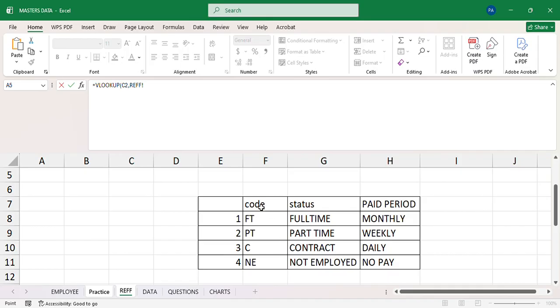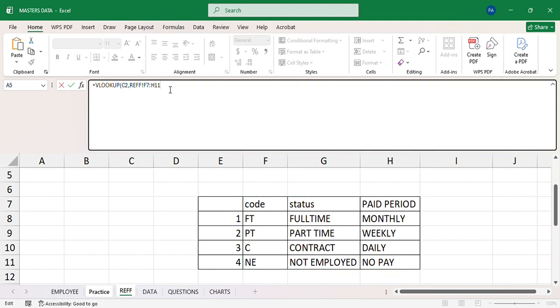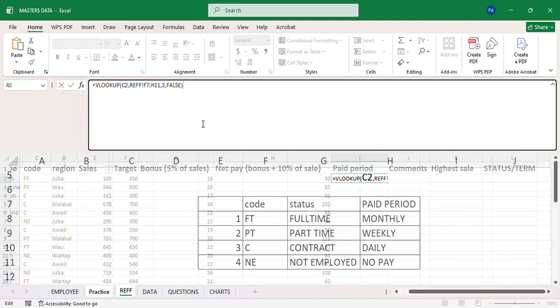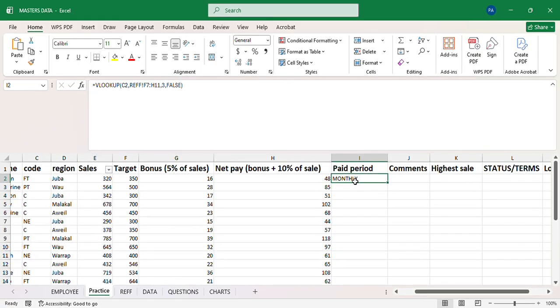We have code, status, and all this where everything has been represented. Then comma, and then the column index. If you look at the table array, we have 3 columns here, 1, 2, 3. So we are going to put 3, comma, but we want the exact match. So we are going to click the exact match and equal sign. Now the first person is paid monthly.